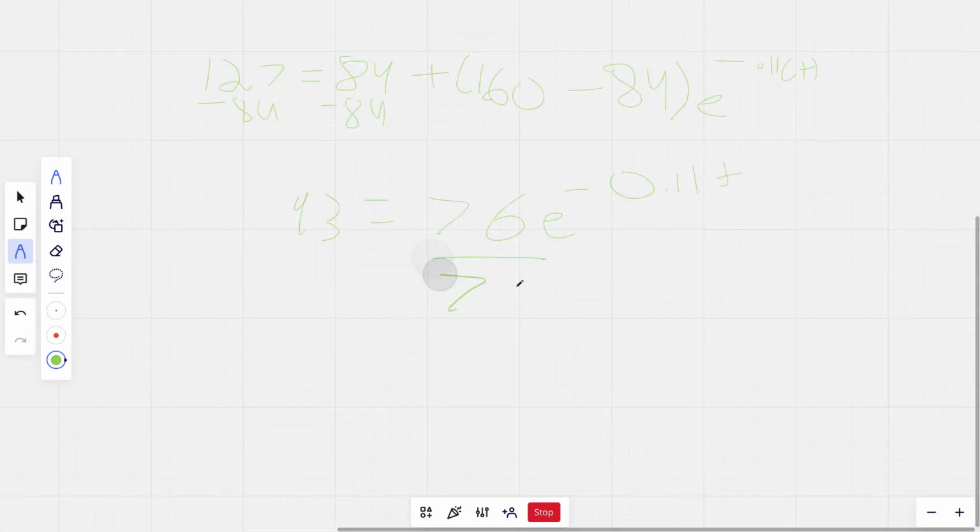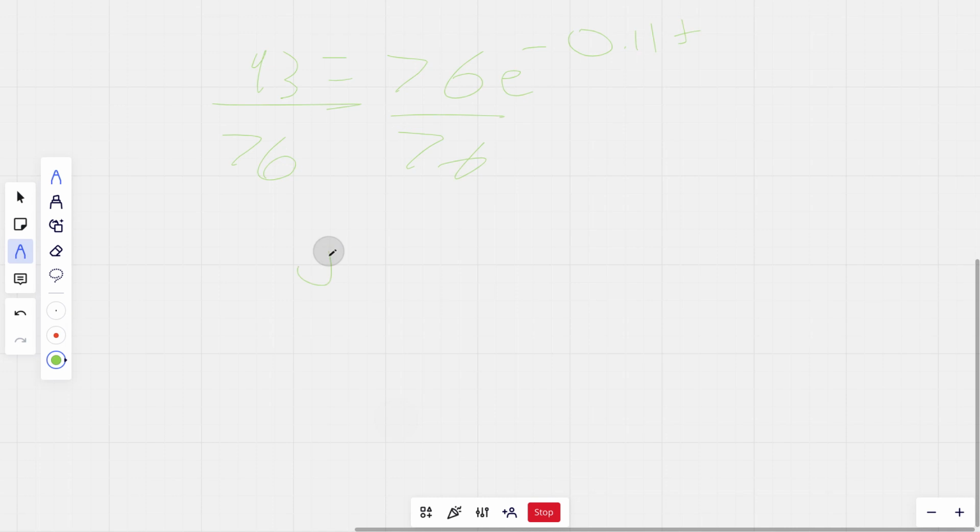Once again, you divide. This will now give you 0.56. By the way, I already put this on a calculator, so I know this is for sure correct. e^(-0.11t). Then once again, you have to take the log to get rid of the e. Boom.